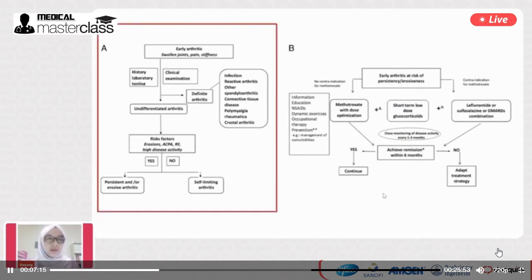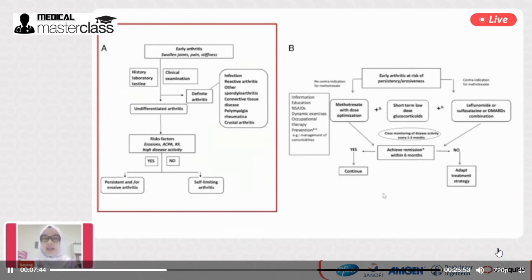On my left hand side, this is for diagnosis. Let's say the patient has early arthritis. What is classified as early arthritis? When the patient has swollen joints, and complains of pain and stiffness. Let's say from the history and clinical examination, you can diagnose the patient specifically, let's say for gout, then you will treat as per gout.